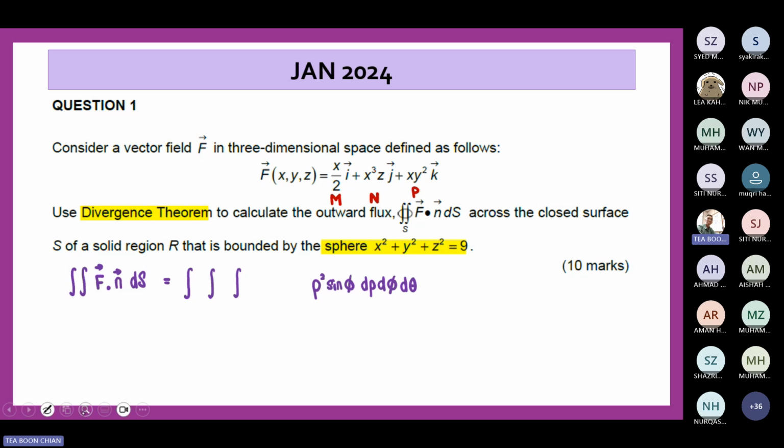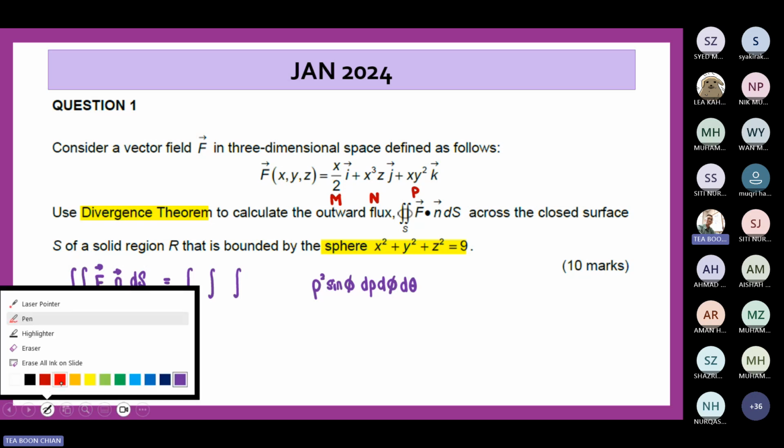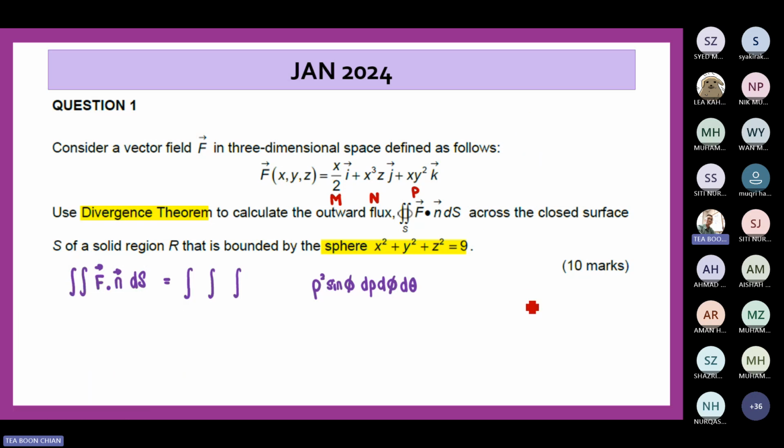Now, after the setup, we can next compute the divergence, because by the divergence theorem, we want to know del M over del x plus del N over del y plus del P over del z. Given the vector here, x over 2 is the component M, so differentiating M with respect to x, we obtain 1 over 2.